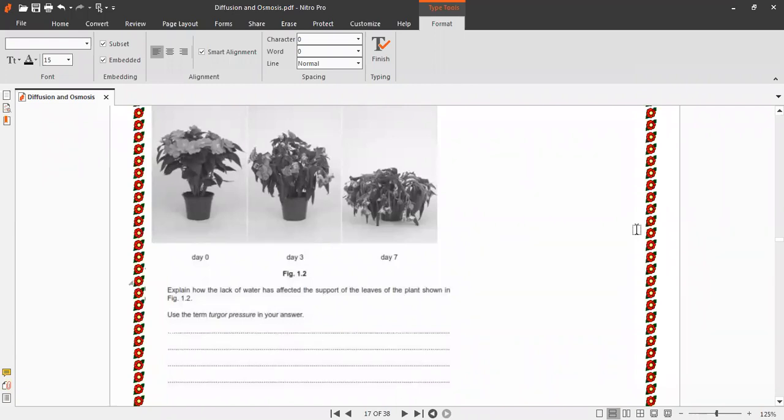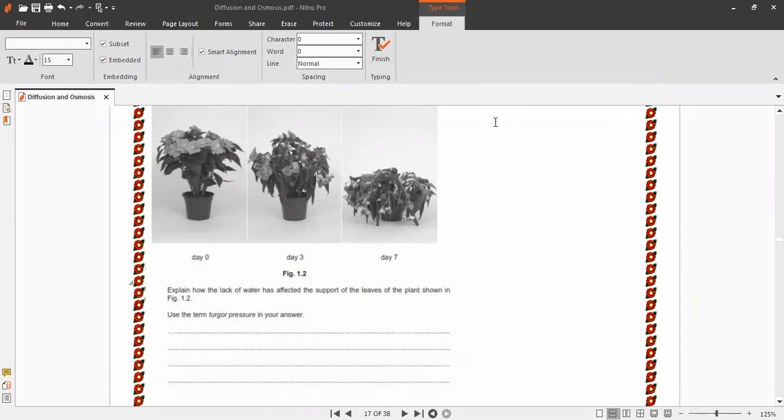When the cells don't have water, it makes them weaker. Wait, what is the meaning of turgor pressure? Turgor pressure is the force within the cell that pushes the plasma membrane against the cell wall.